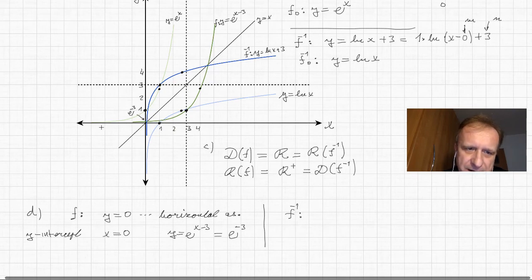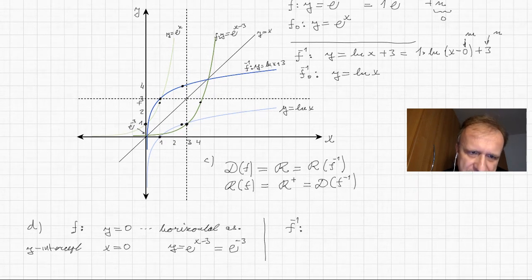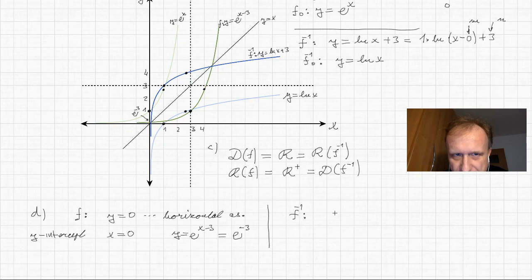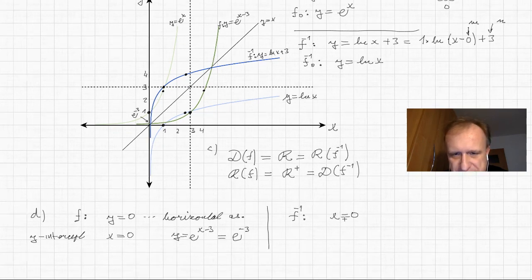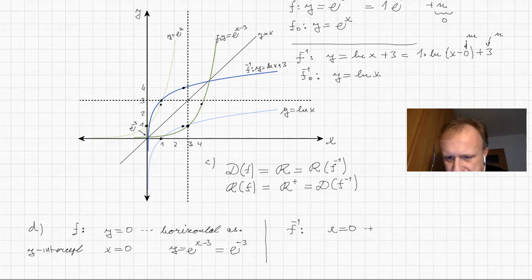If I reflect the x-axis on this axis, y equals x, what I get is the y-axis, and you can check that the blue curve approaches the y-axis without any restriction. It approaches it but never touches it. So I can say that the line x equals 0, which is the y-axis, is the vertical asymptote of this inverse function, this logarithmic function.